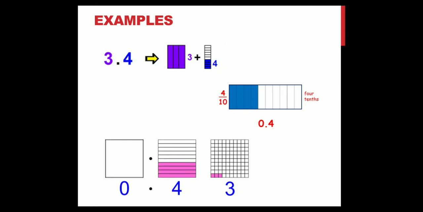Clear? Fine. For example, if I have a decimal number 0.43, what is the place value now? 0 is the ones place value, 4 is the tenths place value, and 3 is the hundredths place value. Understood? Out of tenths I have 4, and out of 100 I have 3. So imagine how small it is.